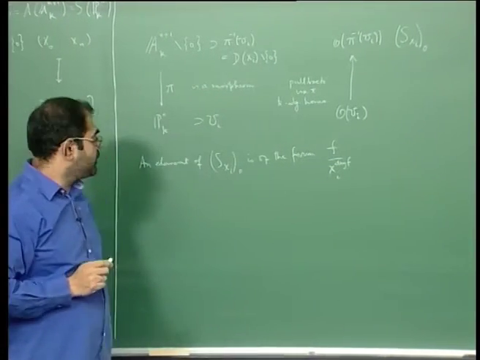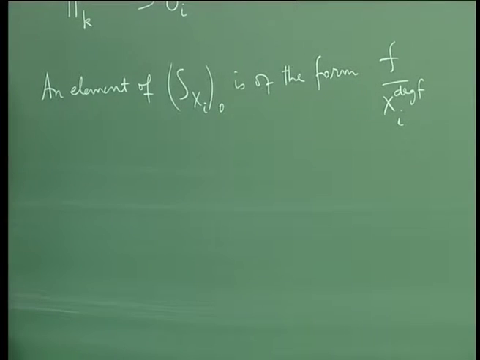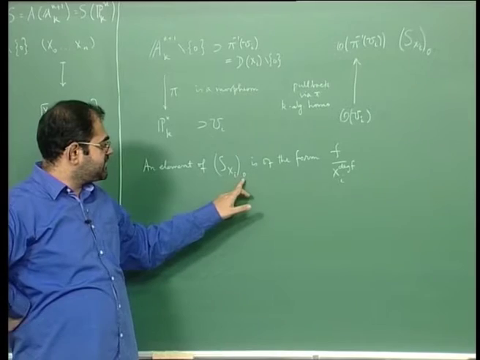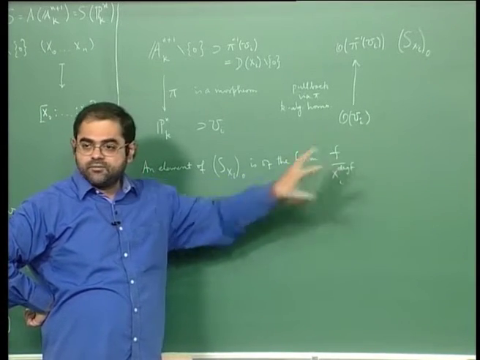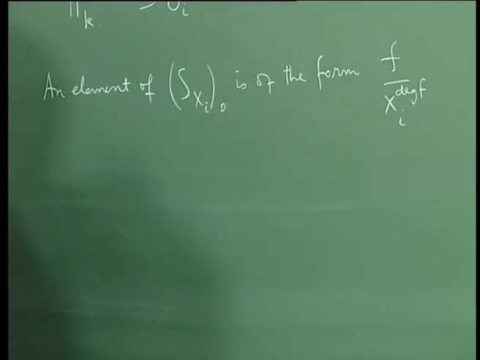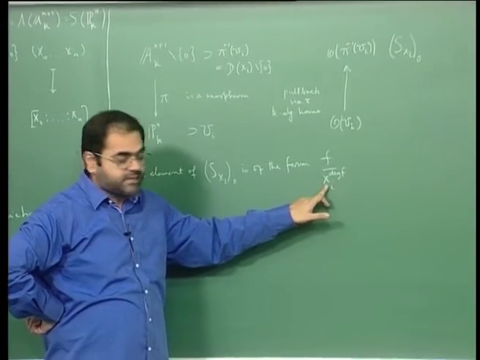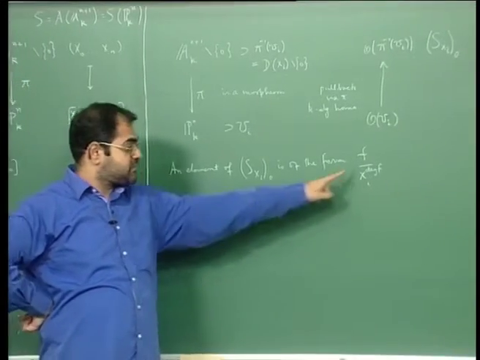S localized at xi is just inverting xi, so elements there will be of the form simply f by some power of xi. But if I want the degree 0 part, then I want the degree of this element to be 0, and the degree of a quotient is defined as the degree of the numerator minus the degree of the denominator. So if you want that to be 0, then the power of xi in the denominator should be equal to the degree of the numerator polynomial, which is supposed to be homogeneous.